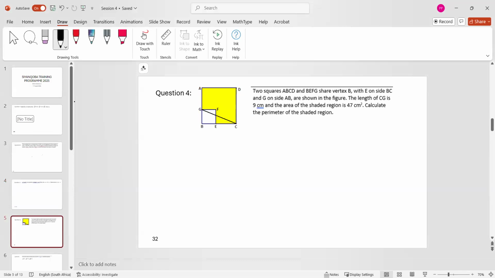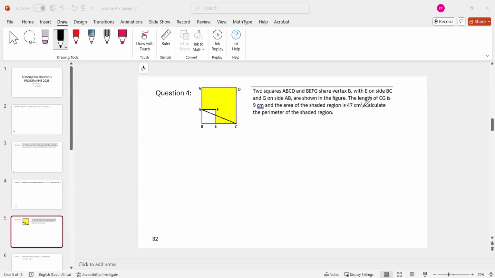Question 4 says, you've got two squares, ABCD. So you've got a square here, and this is also a small square here. So you've got one small square sitting inside a large square.